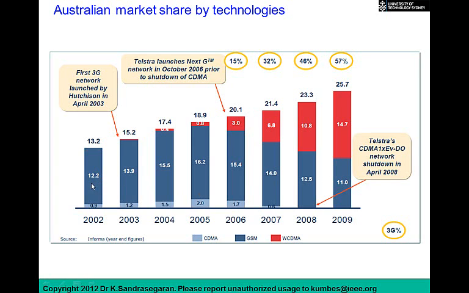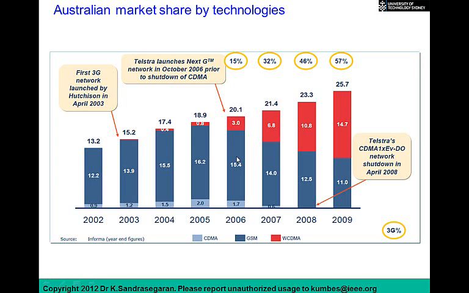The GSM subscribers from 2002 to 2005 increased, and then as the wideband CDMA networks were launched and became more stable and more affordable, the number of subscribers on the WCDMA network started to increase, as shown in the size of the red bar, and more and more of the GSM subscribers moved on to the WCDMA network.